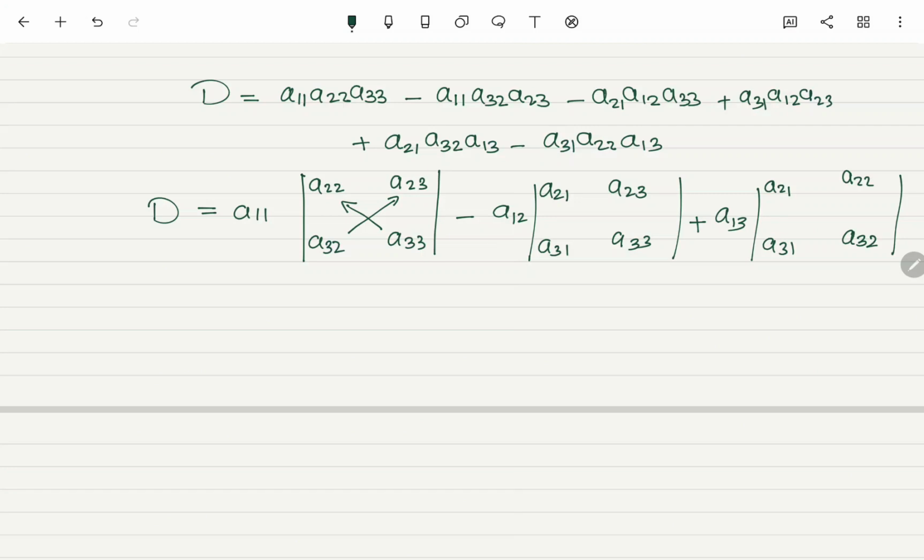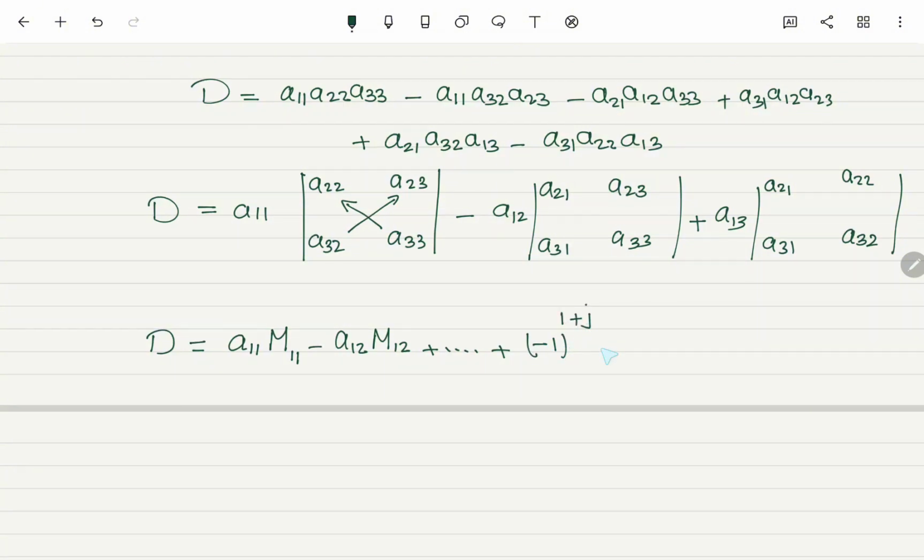In this case here, D equals A11 M11 minus A12 M12 plus ... minus 1 to the power 1 plus j, A1j M1j plus ... minus 1 to the power 1 plus n, A1n M1n.